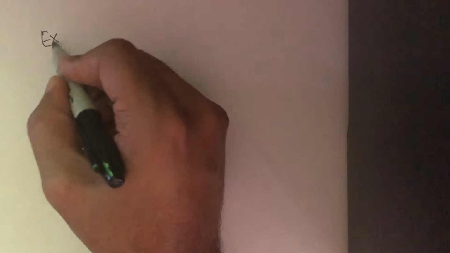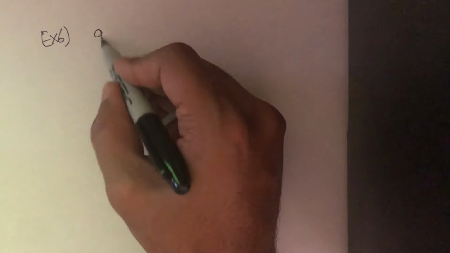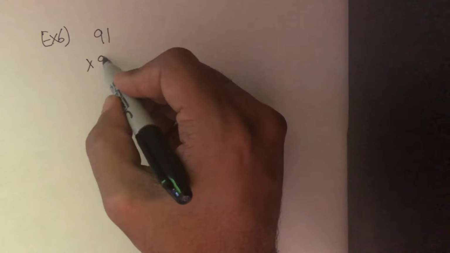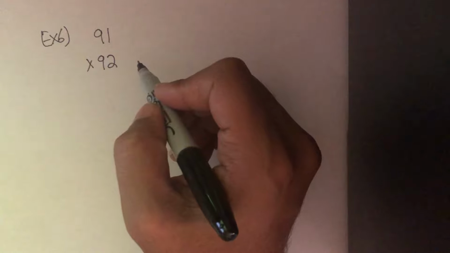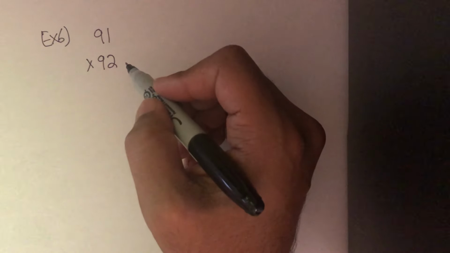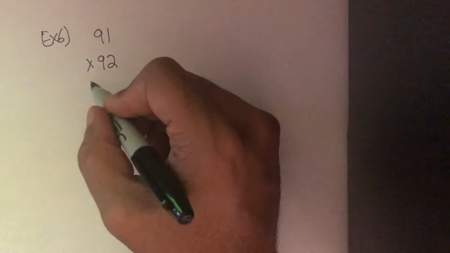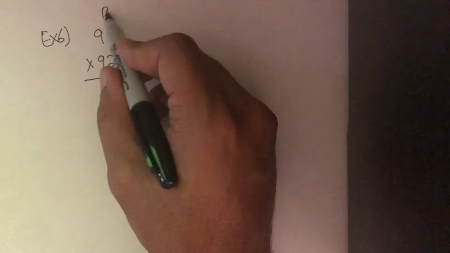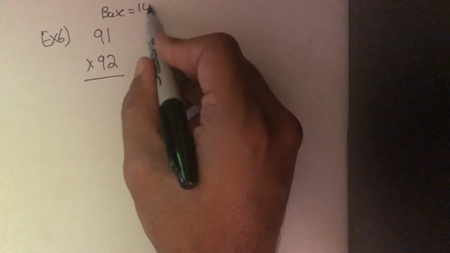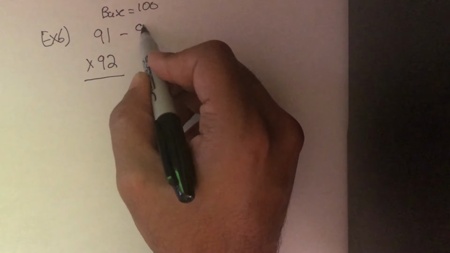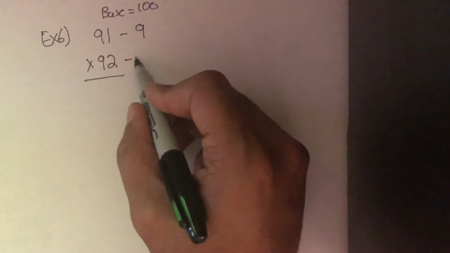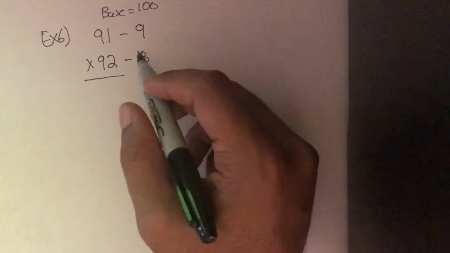So we're at example 6 now. Let's do 91 times 92. Great example right here. Okay, so base is still 100. 91 is 9 units less than 100, and 92 is 8 units less than 100.